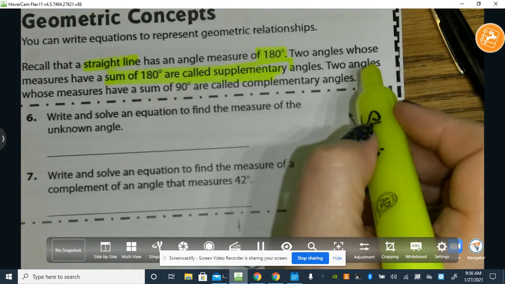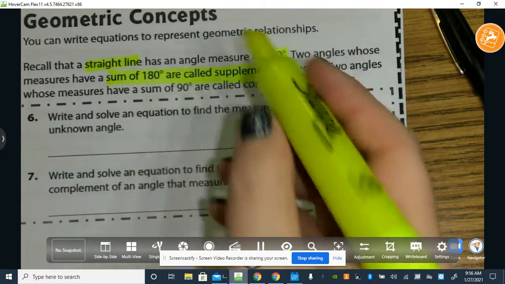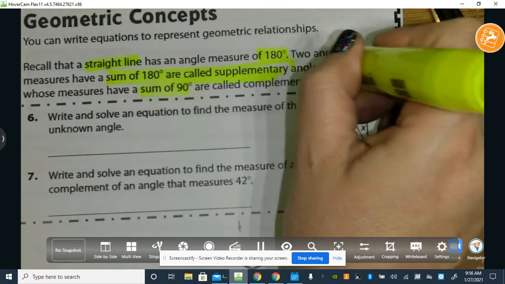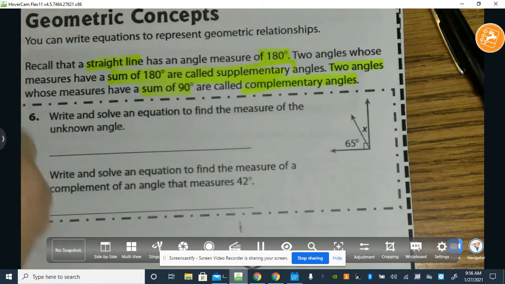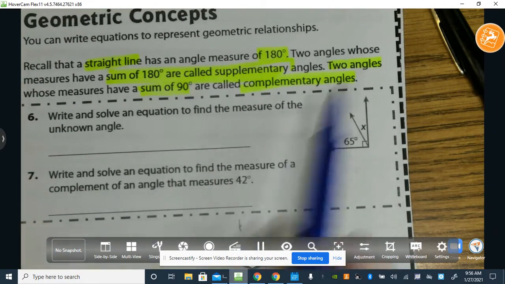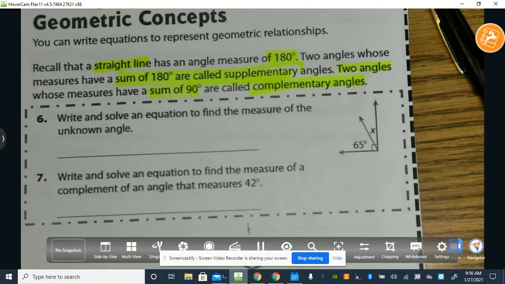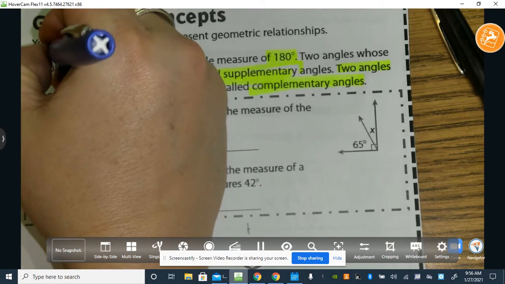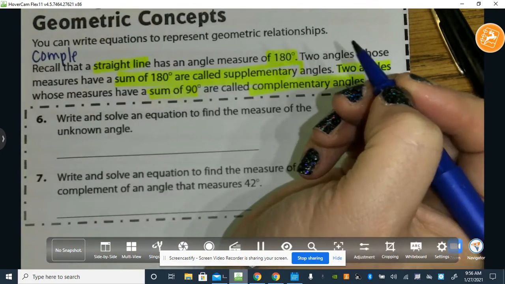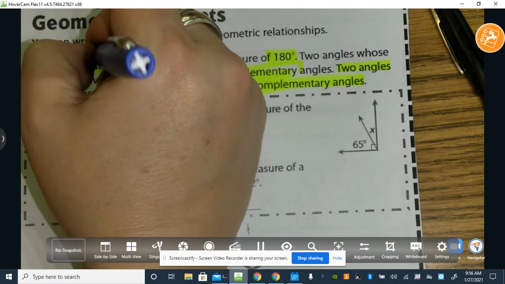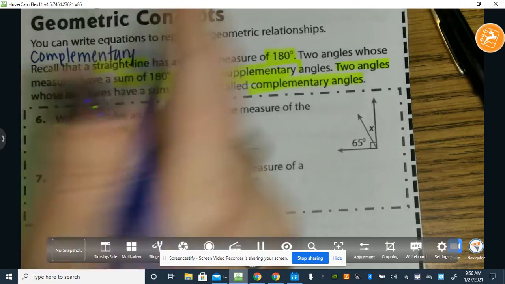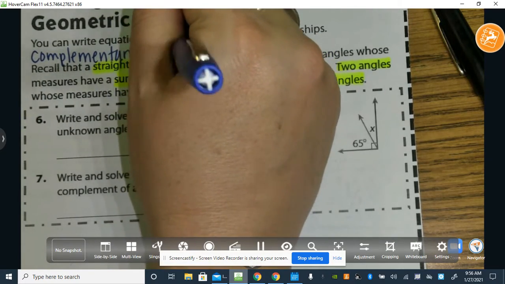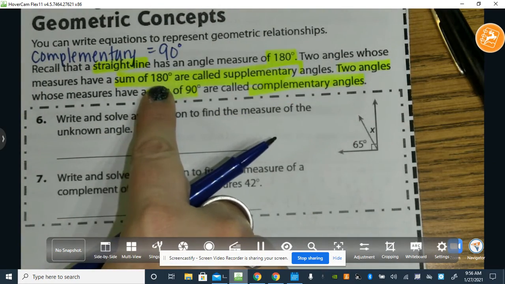Okay? Two angles whose measures have a sum of 90 degrees are called complementary angles. And there's a little way I remember this. Okay, so C comes before S in the alphabet. So I'm going to write complementary. Okay, so 90 comes before 180 on my number line.